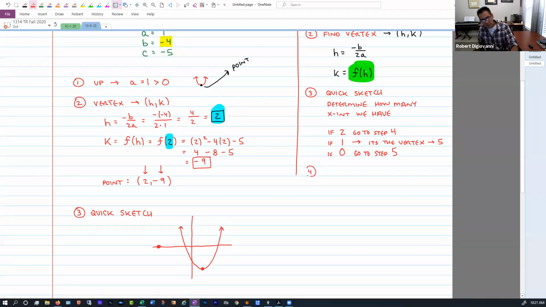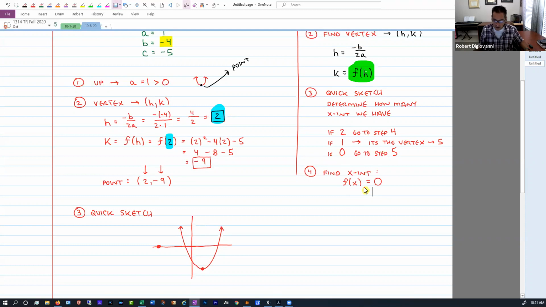So what is step 4 then? Step 4 is if we have 2 X-intercepts, how do we find them? To find the X-intercepts for any function, we take the function and set it equal to 0.